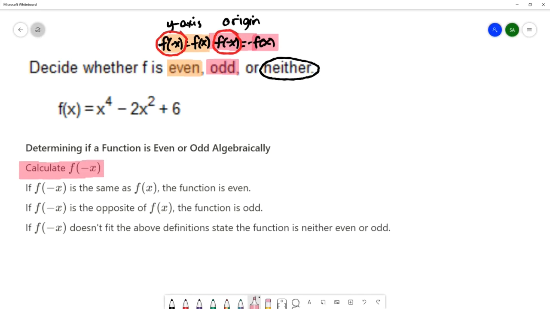So if we end up with the calculation of f of -x coming out to be f of x, which is the same as the original function, then we know that the function is even because it's following that definition of even.